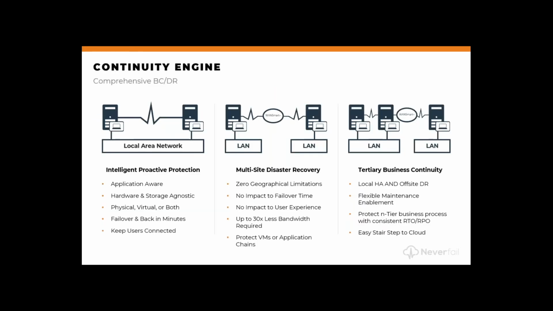Okay, so from a topology perspective, Continuity Engine gives you 3 approaches to this. So you have what we call local HA, DR, and then tertiary. Local HA is that clone copy, if you will, that snapshot offline copy that is sitting there on your local area network. And essentially, it is fully application-aware failover.